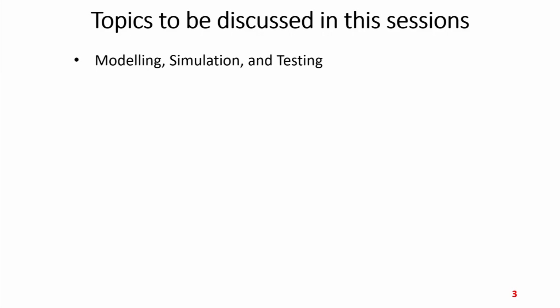We have seen what are the main effects of the radiation environment on the spacecraft, namely the total ionization dose, then displacement damage and the single event effects. So, in this session we will be discussing the different modeling and simulation techniques and how the testing can be done.